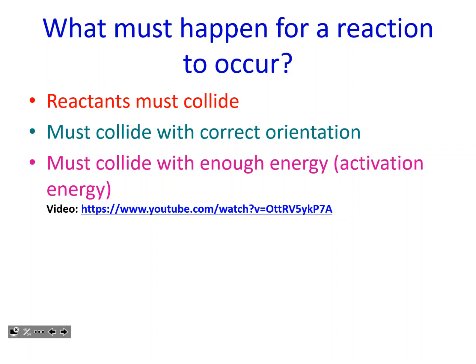They have to hit the correct side of the molecule in order for bonds to break. And they must collide with enough energy, and that energy is the activation energy amount, or you will not get the bonds to break. Because we're talking about bond enthalpies, we're going to be referring to bonds breaking and bonds forming here.